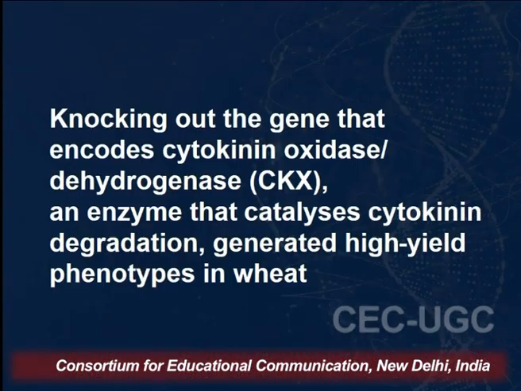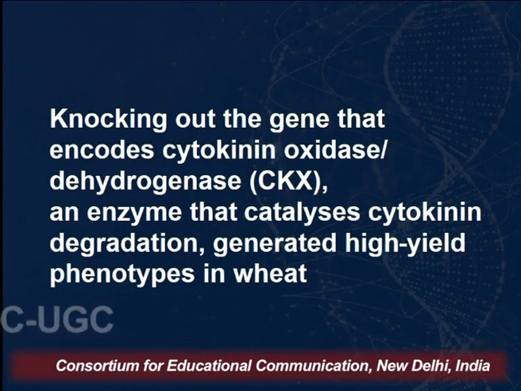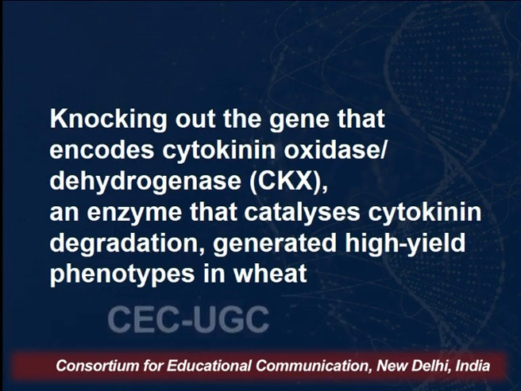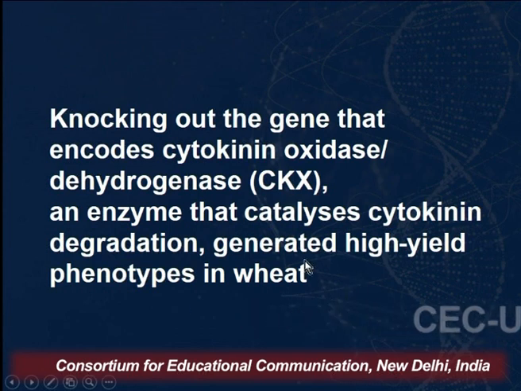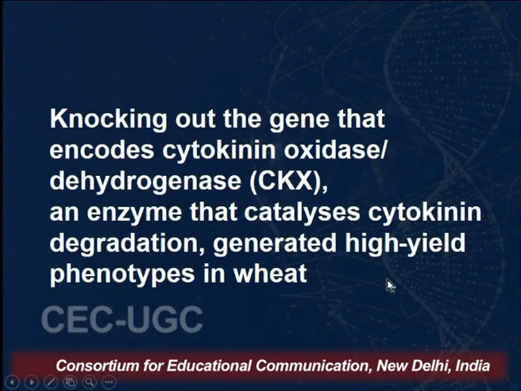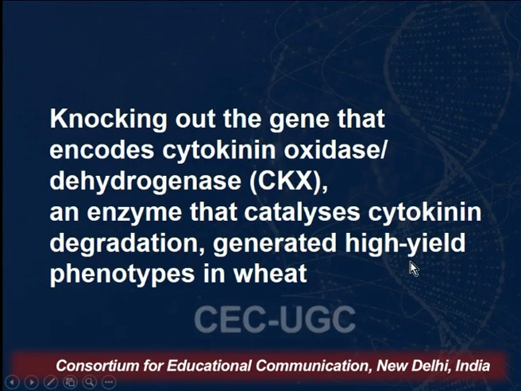Then another thing is knocking out the gene that encodes cytokinin oxidases or dehydrogenases, an enzyme that catalyzes cytokinin degradation. It has also shown a high yield phenotype in wheat. So the cytokinin degradation knockout or the cytokinin activation has been shown to produce high yield in rice and in wheat.